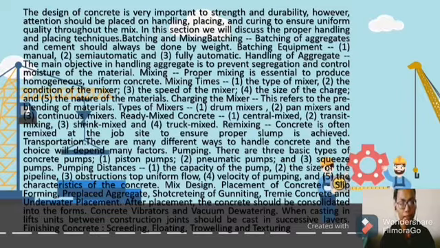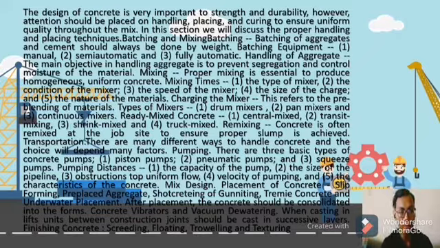There are 3 basic types of concrete pump. First, piston pump. Second, pneumatic pump. And third, squeeze pump. Pump distance. The distance concrete can be pumped depends on many factors. First, the capacity of the pump. Second, the size of the pipeline.